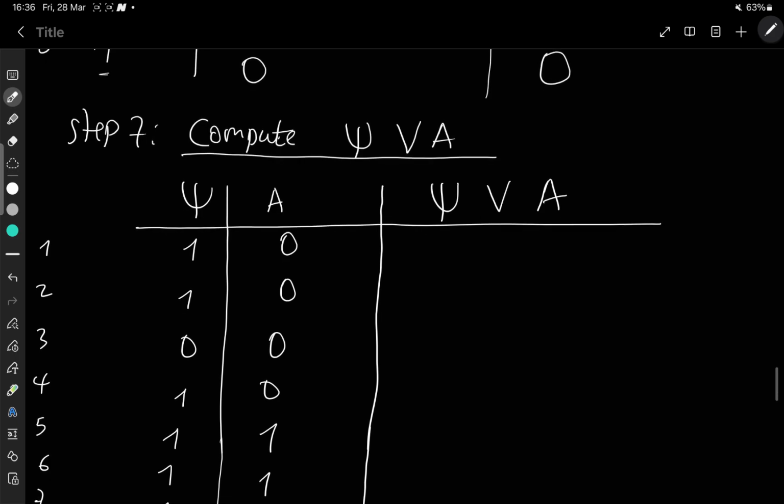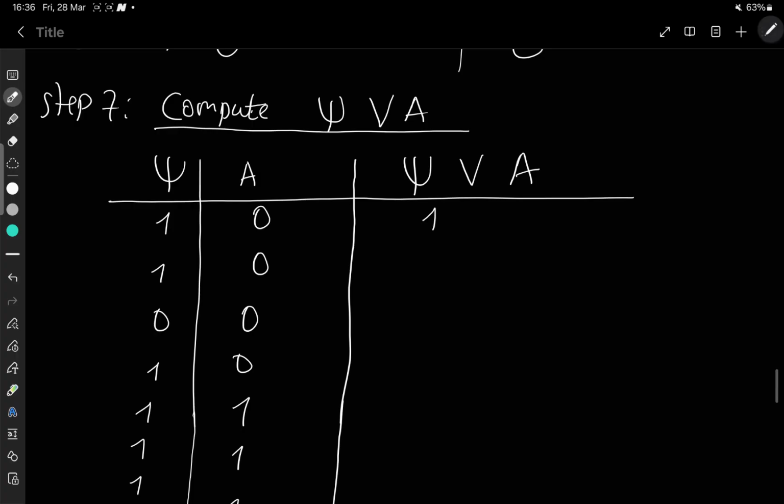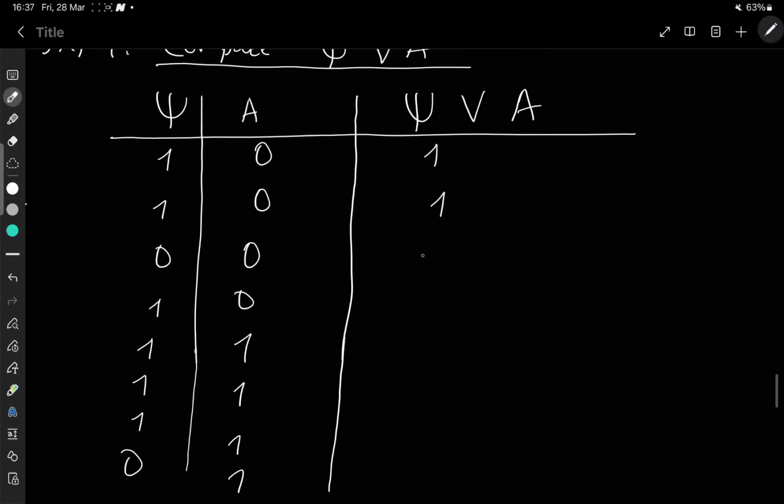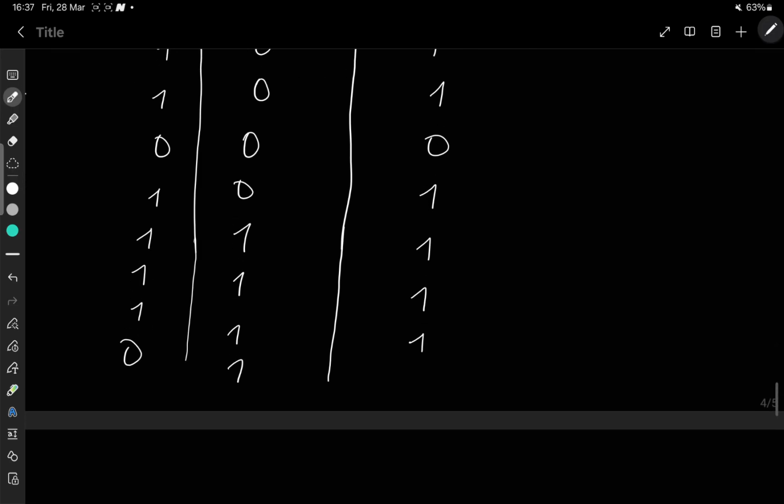So for psi or A, either of them must be true. This is true because it has at least one truth value. This one is also true. Then this one is false because neither of them has a truth value. This one is true, this is true, this is true, and this one is also true.